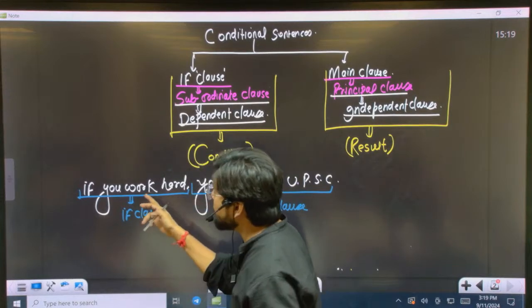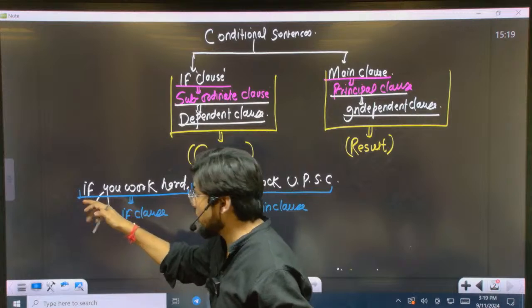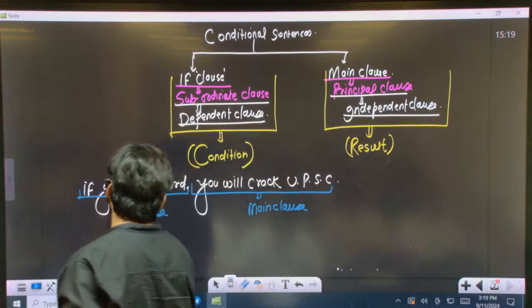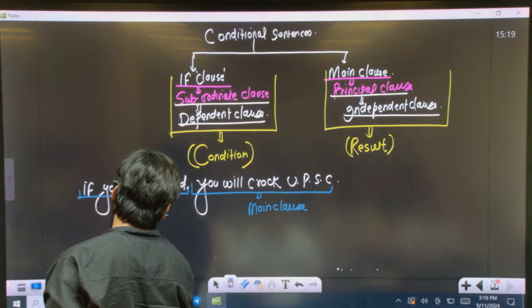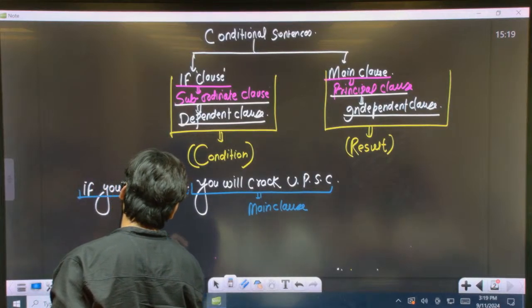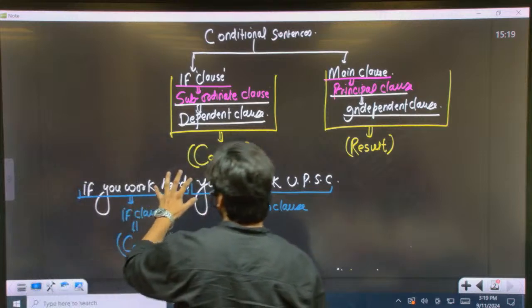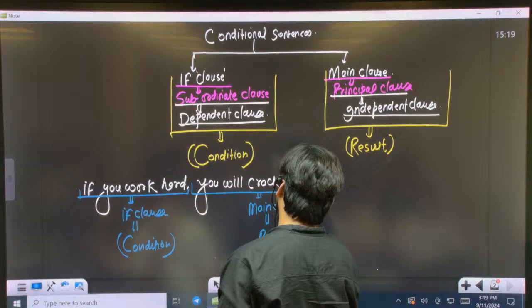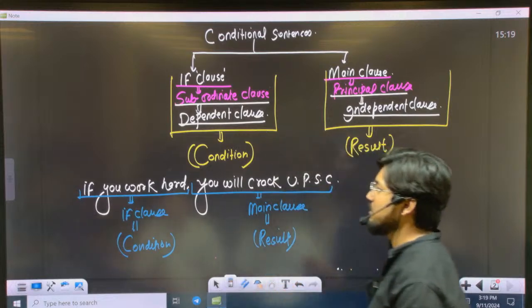Now can't you see, if you read the sentence only from here to here, if you work hard, it means I am giving you a condition. And if you read this sentence, you will crack UPSC, what will be the result? You will crack UPSC.